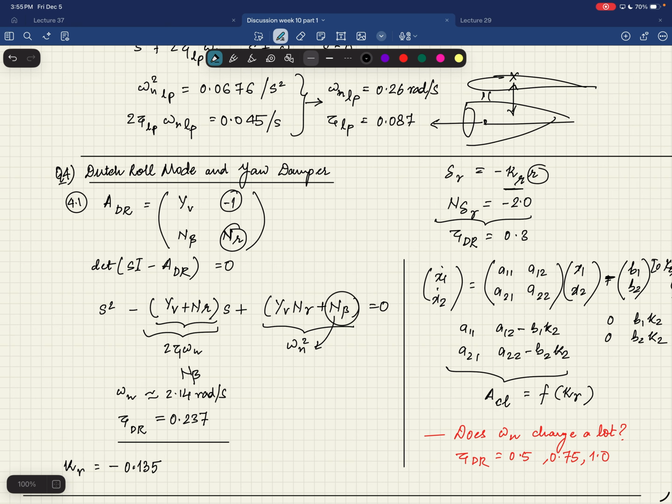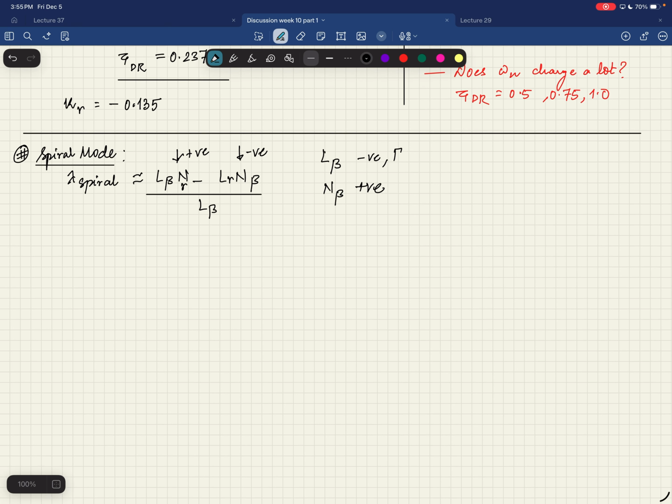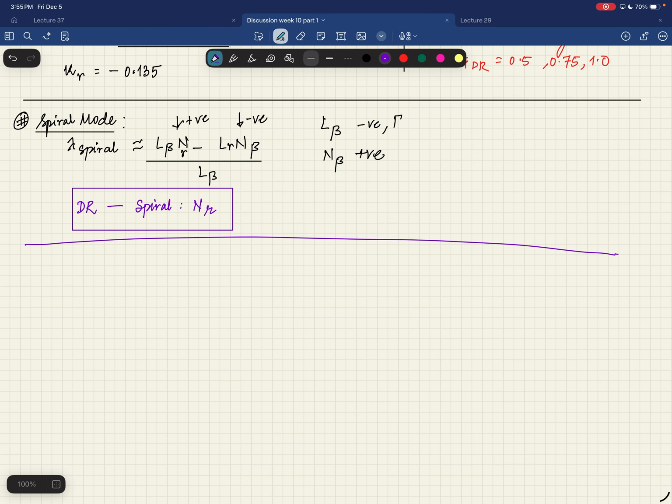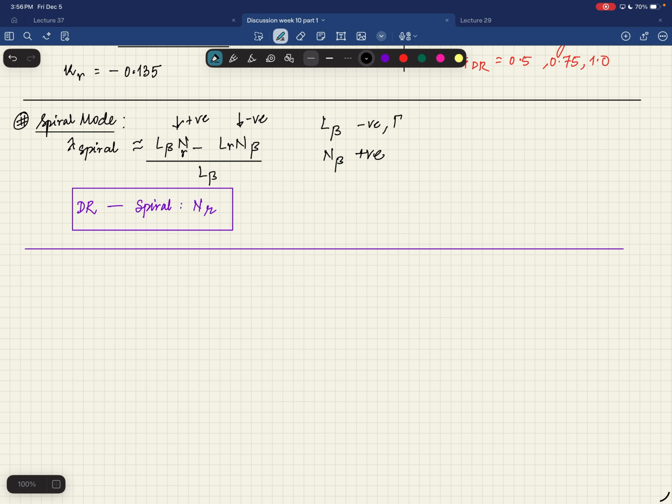N sub R. Note this down in your diaries wherever you have. I'll also make a note here. Be cautious when you are editing or designing a stability augmentation system based on damping ratio for the Dutch roll mode.